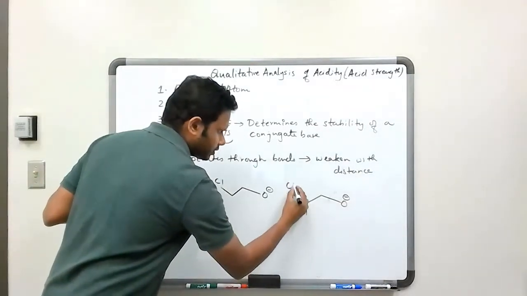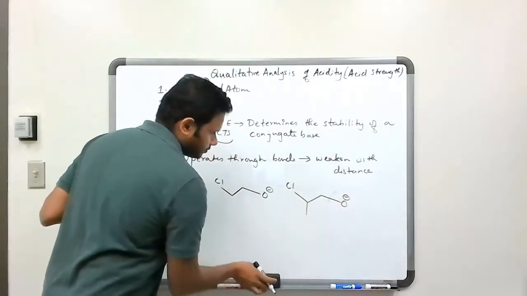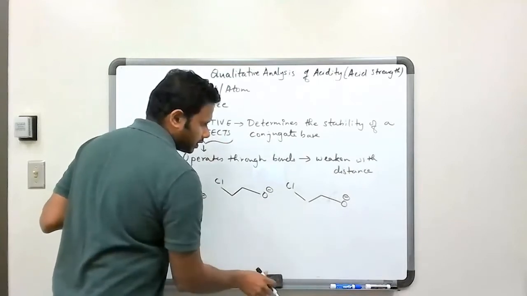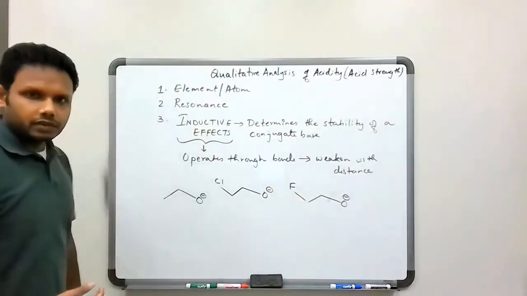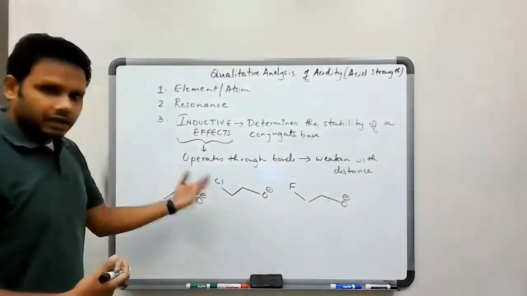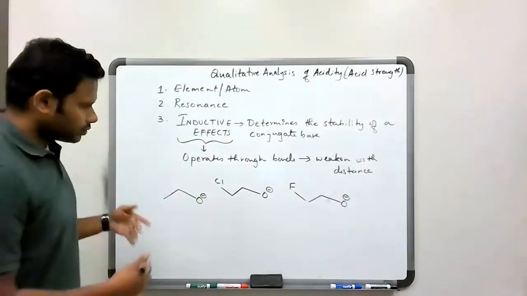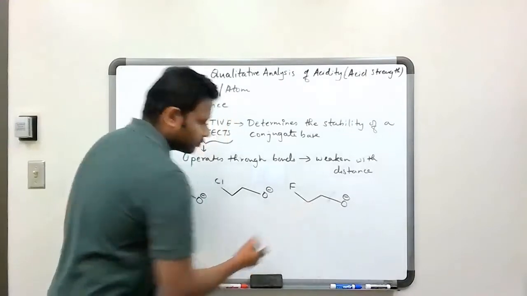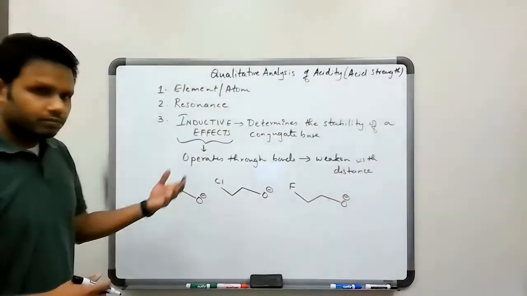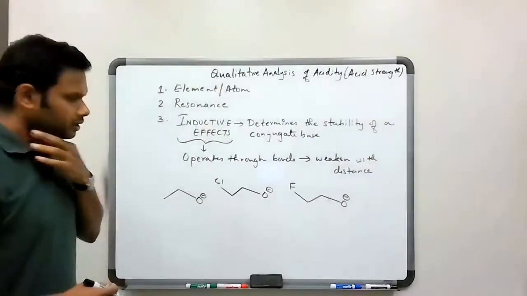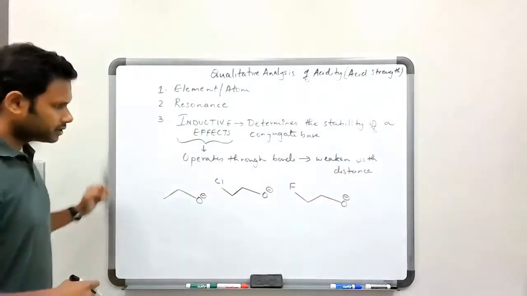And for this molecule, we'll add a fluorine over here. These are examples of conjugate bases. So first, let's try to understand what an inductive effect is, and then based on that, we'll try to understand the stability of conjugate bases later.